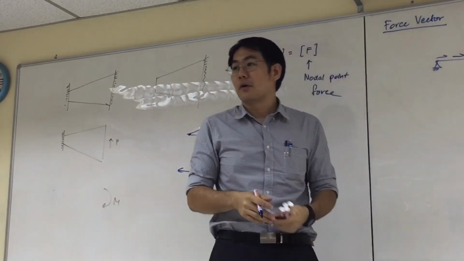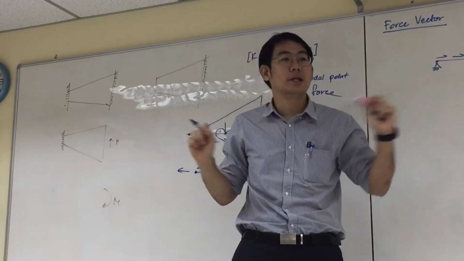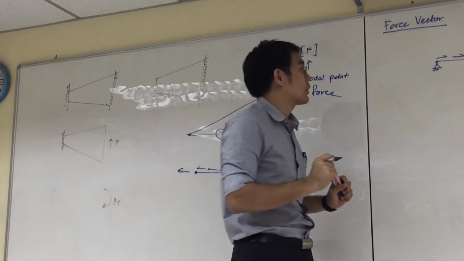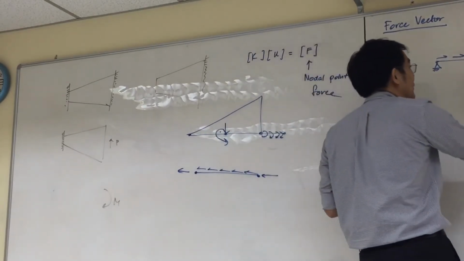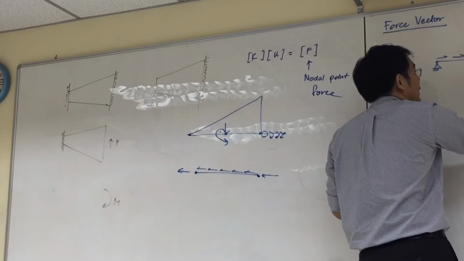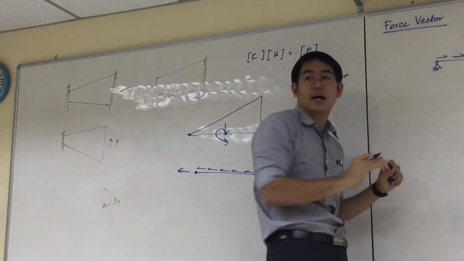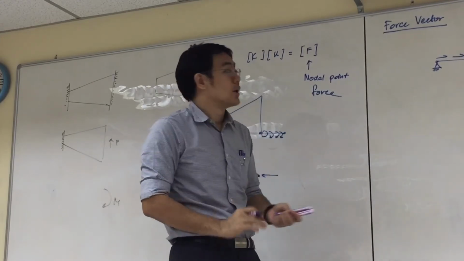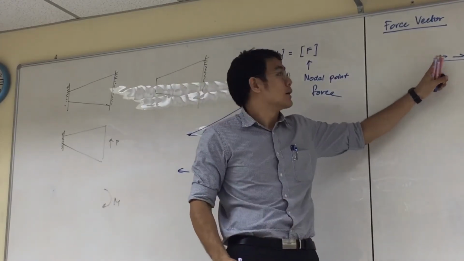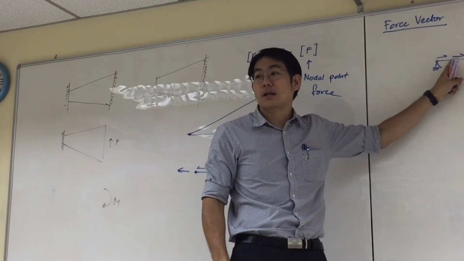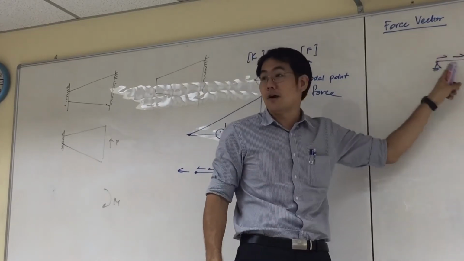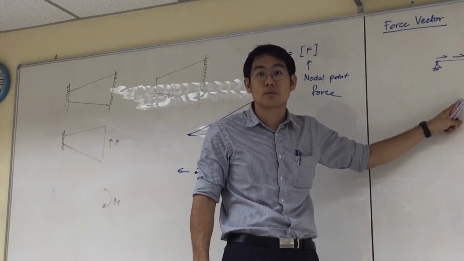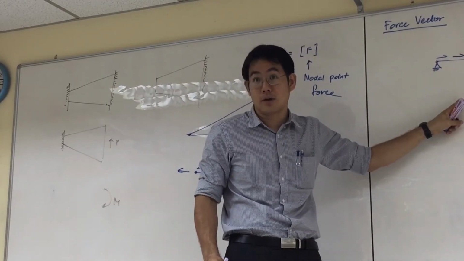So it is just a uniformly distributed line load over your bar element. So start with a simple one. You have EA constant, the length of the bar equal to L, just like we have seen before. Now we want to know what this uniformly distributed line load is equivalent to in terms of nodal point force.